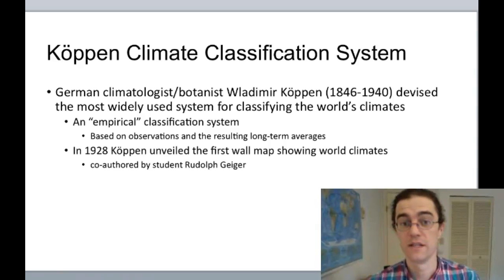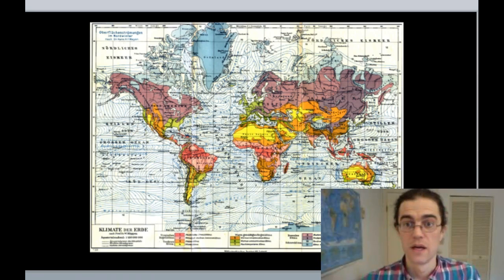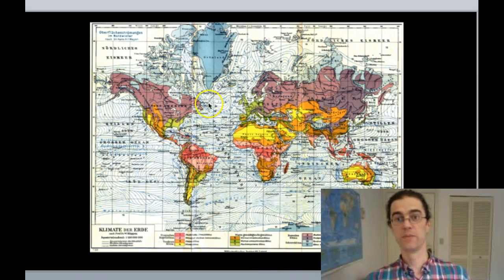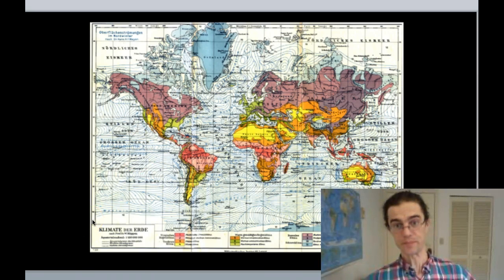In 1928, he unveiled the first wall map showing world climates. It was co-authored by a student, Rudolf Geiger. And here's a look at that map. And we can begin to see some of these different climate zones. What strikes my eye the most at first is the yellow areas, arid zones, many different deserts.